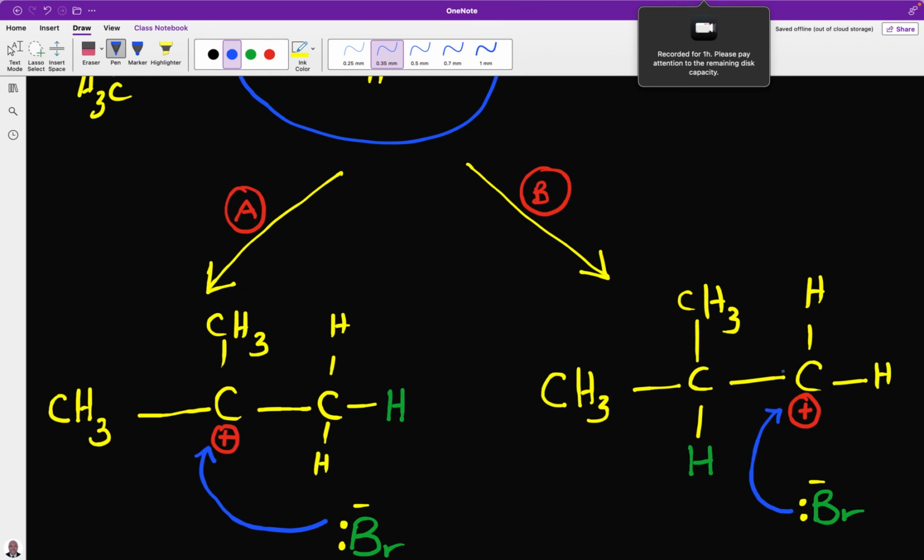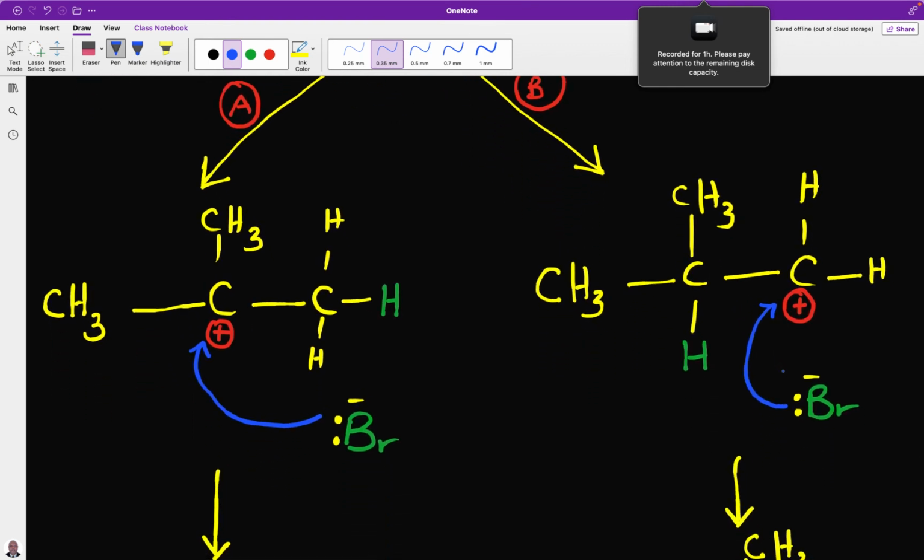In that case, as we said, because of the inductive effect, alkyl groups are electron donating. When they donate electrons to this positively charged carbon, they help to reduce the charge density on it, making the carbon energetically more stable.